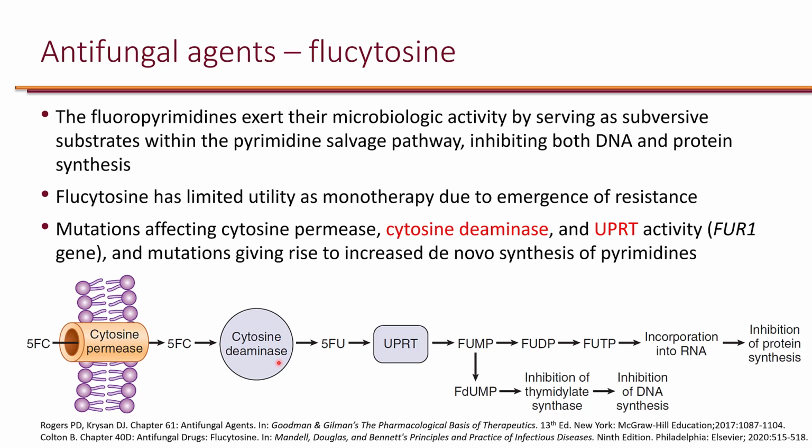And then following conversion to fluorouracil, its antifungal effects are mediated through inhibition of both DNA and protein synthesis. So mutations affecting cytosine permease, cytosine deaminase, and UPRT activity can lead to pretty much resistance to this agent.